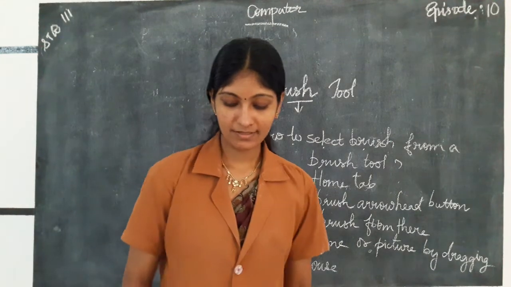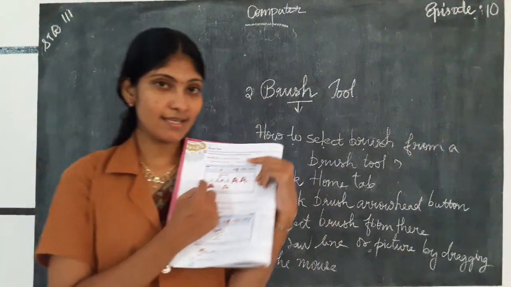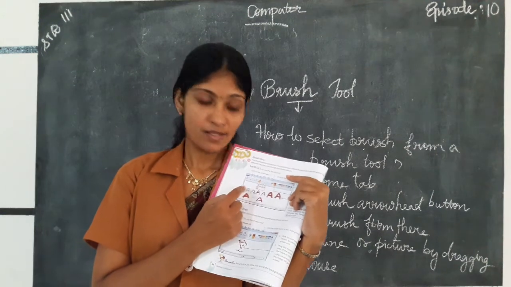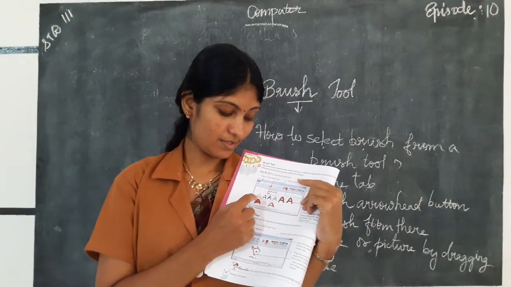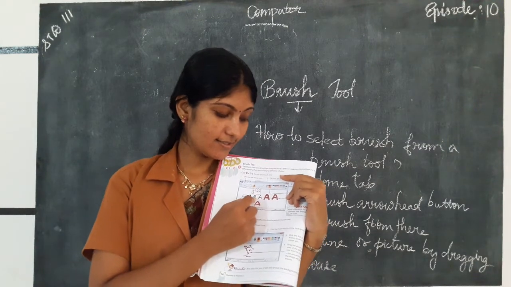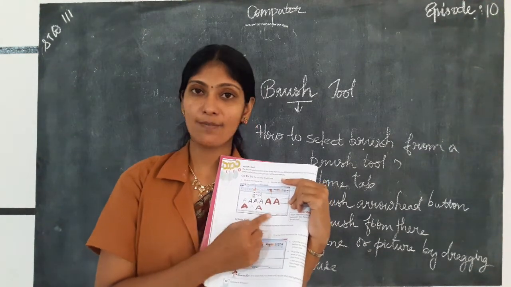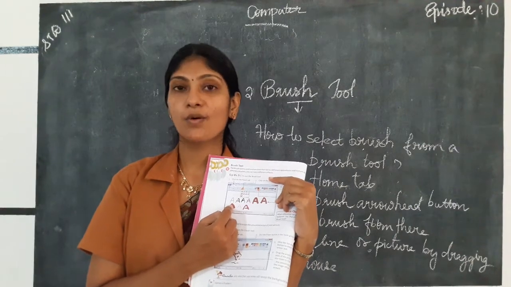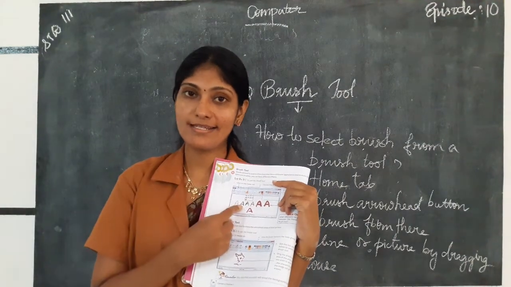Here we can see the letter A drawn using different brushes. Here is one of the brushes, here another, then another one; different types of brushes are used for writing or drawing the letter A.